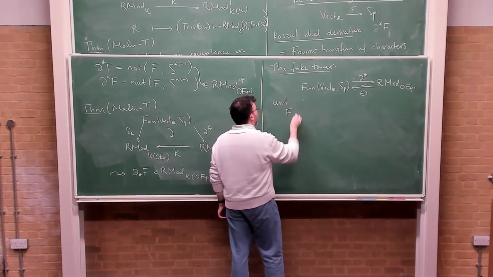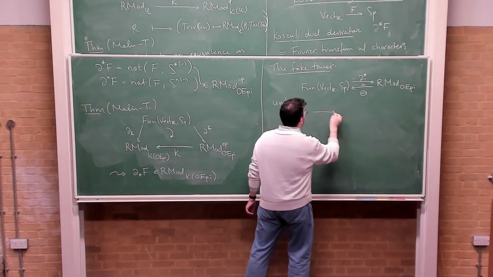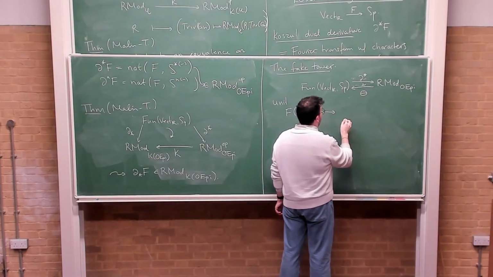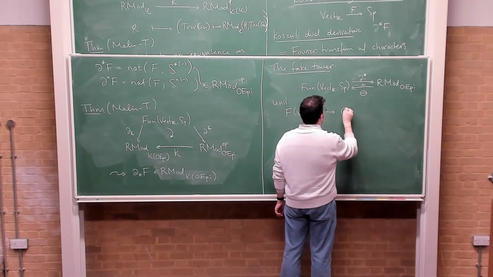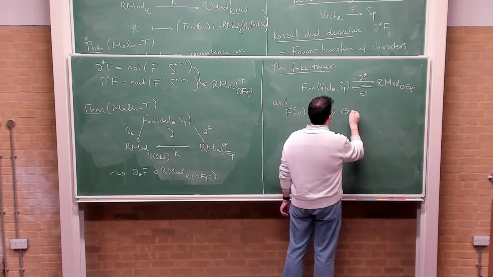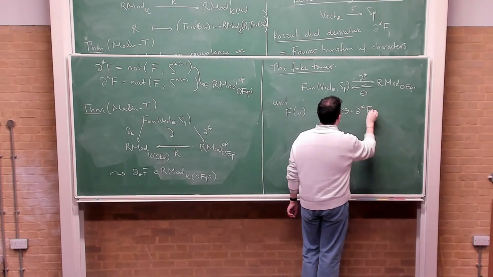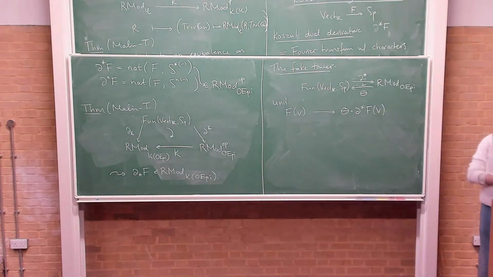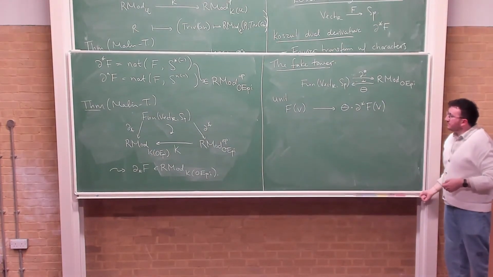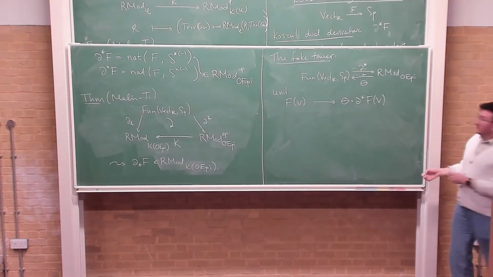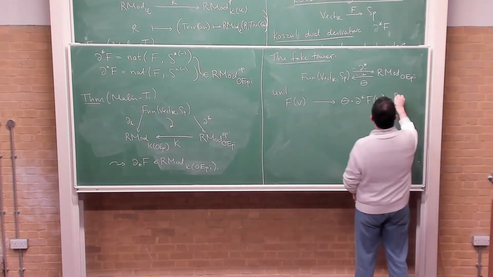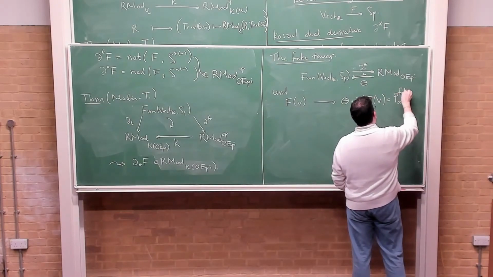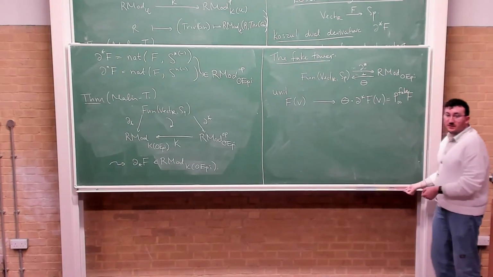So it goes from F, let's say F of B, to, I'm going to get this the wrong way around, to this. I'm going to say that this is the infinite approximation of F in the space.